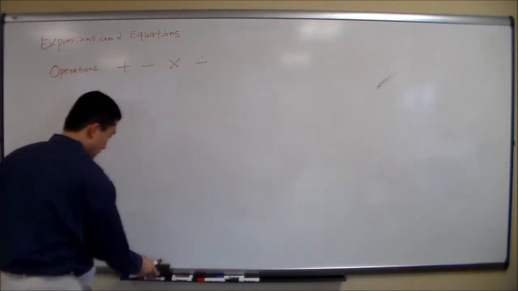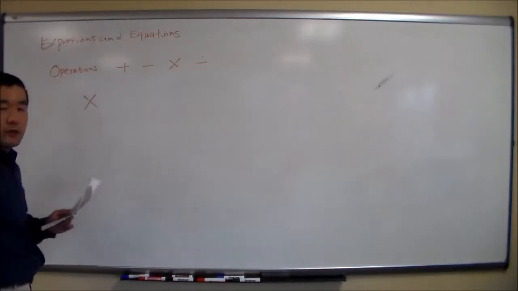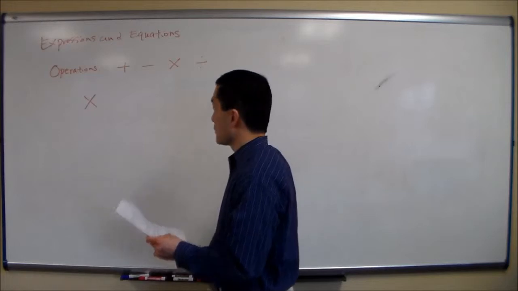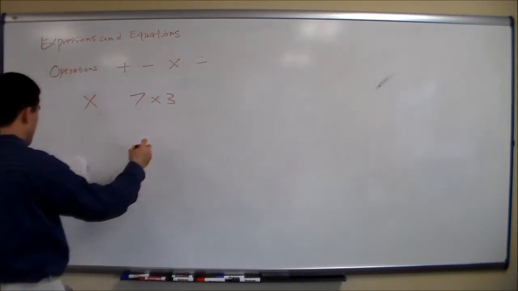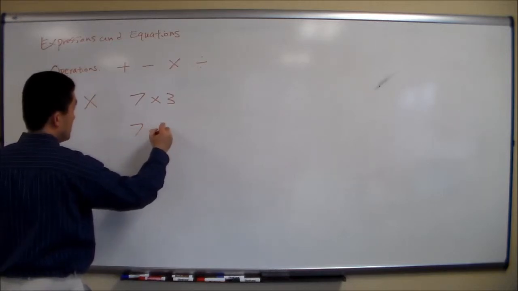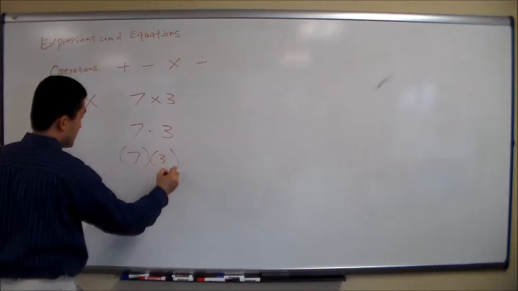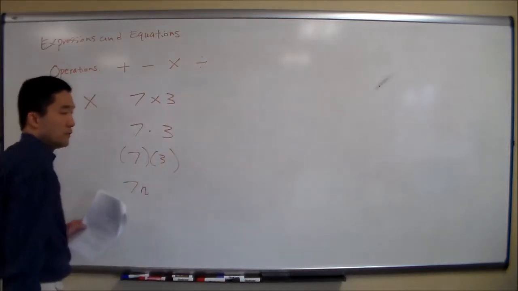Moving on to multiplication. We have a couple of ways to show multiplication. For example, 7 times 3, 7.3, parentheses. Or if I multiply a number and then the variable, nothing in between.